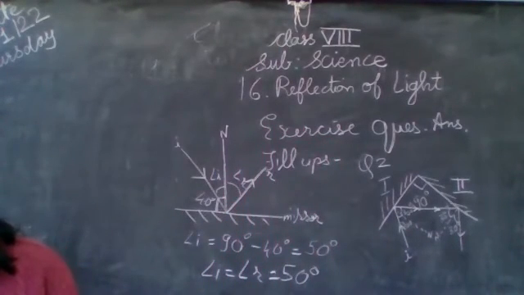Second one, if the angle between the mirror and the reflected ray is 23 degrees, what is the angle of incidence of the incident ray?